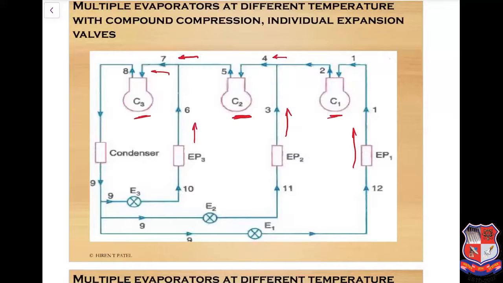So here the loads are different, that is Q1, Q2 and Q3. Each evaporator has an individual expansion valve here. So there is no flash generation, so no flash is transferred from the other evaporator.